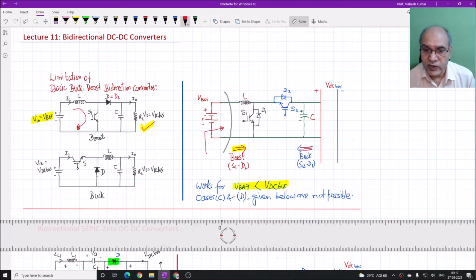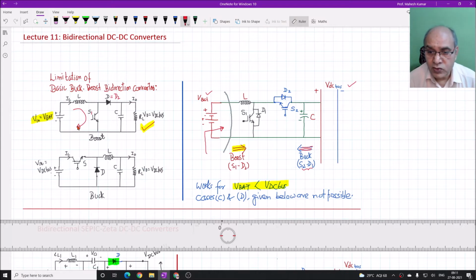So the roles of input and output have changed. But this voltage is high in this case and this voltage is less. Therefore, the power flows from high voltage to low voltage and this becomes the buck mode operation of the converter. This is achieved by using the switch S2 and D1.